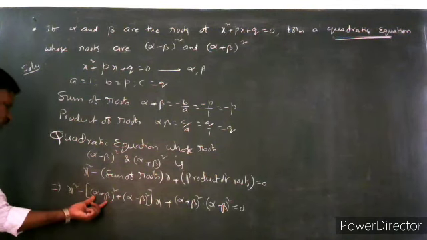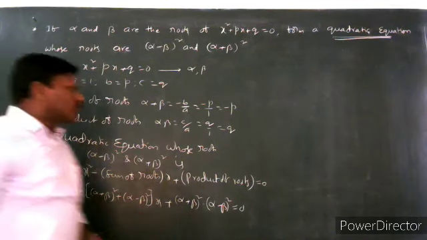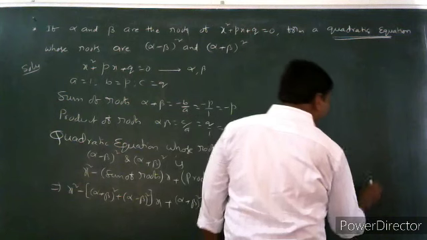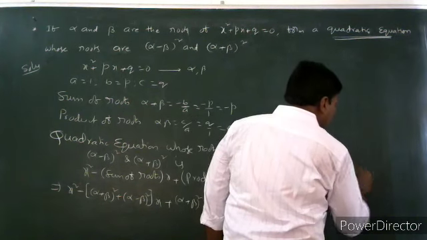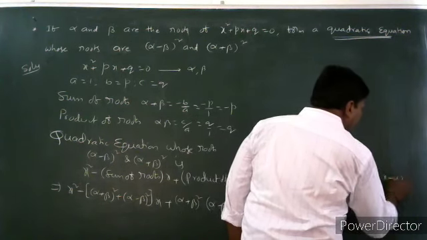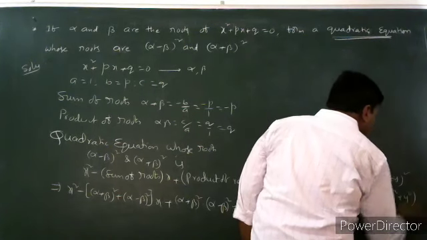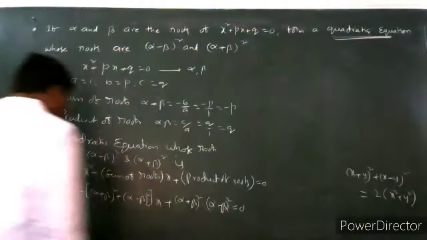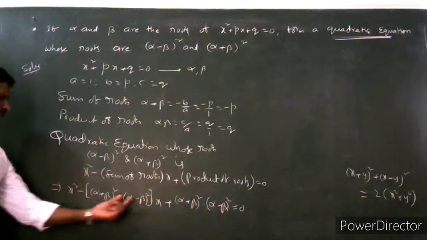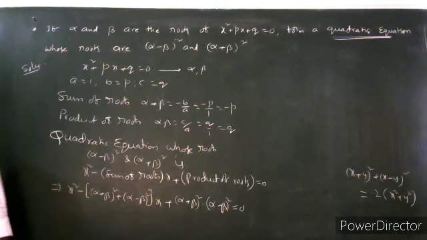Actually, we have the formula x plus y whole square plus x minus y whole square, this is 2 into x square plus y square.